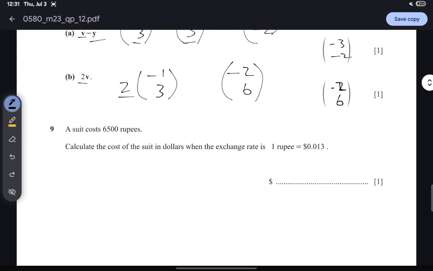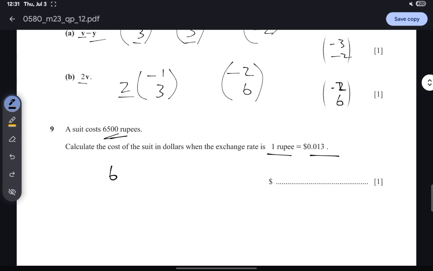Then for number 9, a suit costs 6,500 rupees. Calculate the cost of the suit in dollars when the exchange rate is 1 rupee for $0.013. So the suit costs this much in rupees, and we know 1 rupee is this amount in dollars.